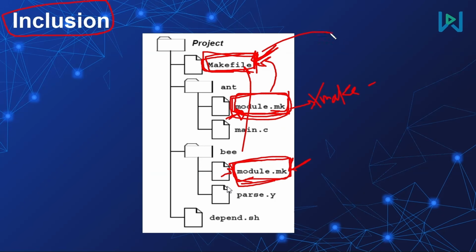This one, of course, will be invoked via the make command. So it will parse this file and try to get the different rules out of it. Of course, if there are inclusions, then those inclusions will be expanded and evaluated.